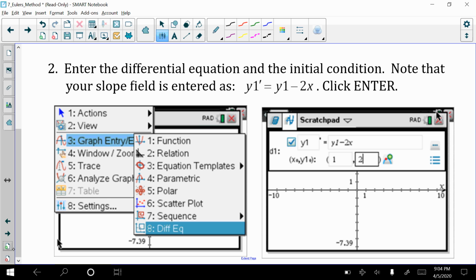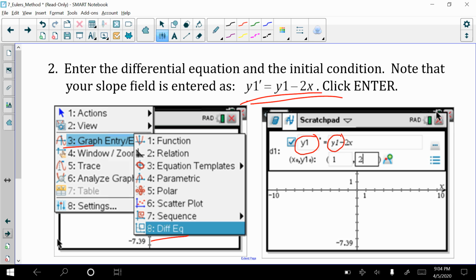The one thing I really want to make sure you're clear on is, when you go to where it says graph entry and then differential equations, this is where you're going to get your slope field. This says y1, so the function itself has to match. So when you type in your differential equation, make sure you type in y1 minus 2x in this case.